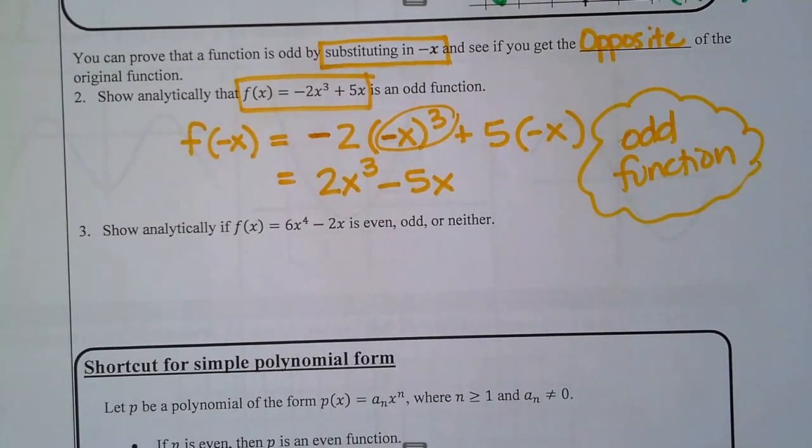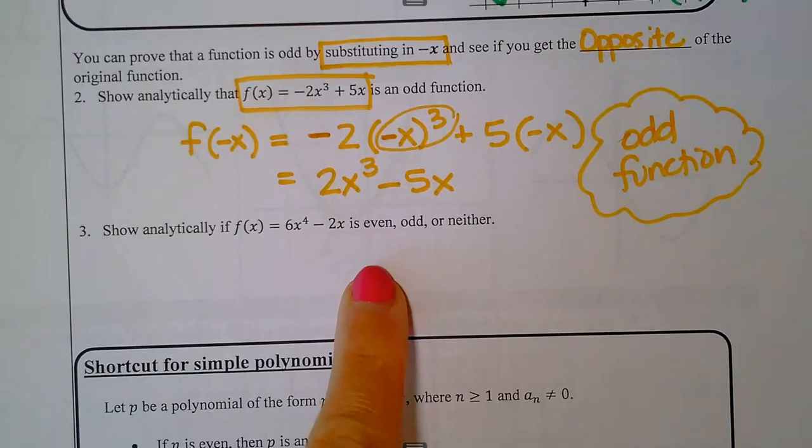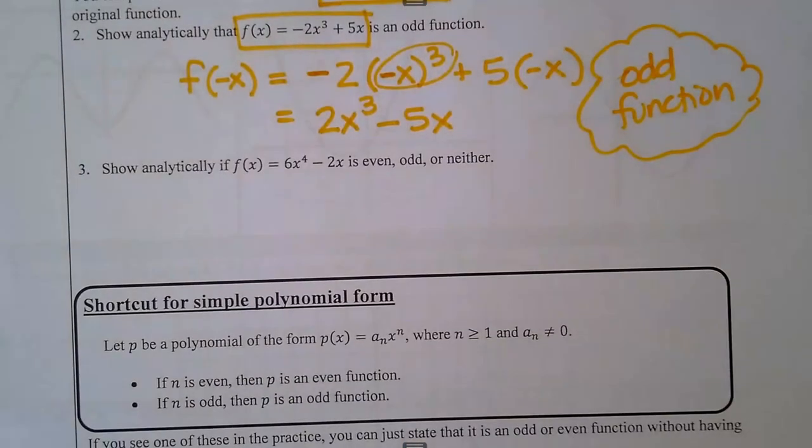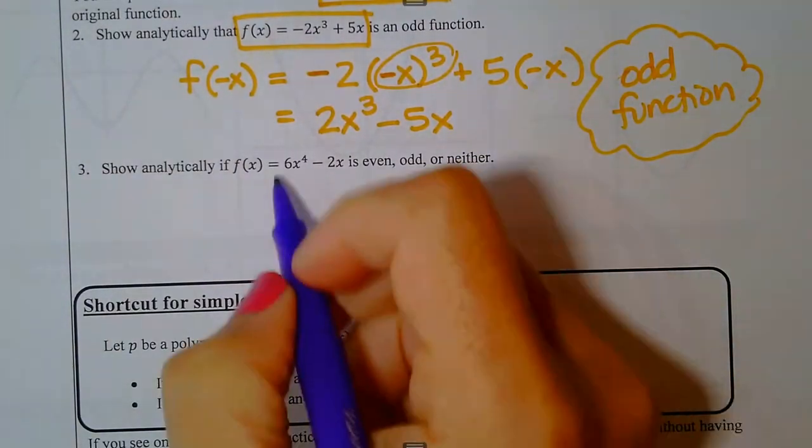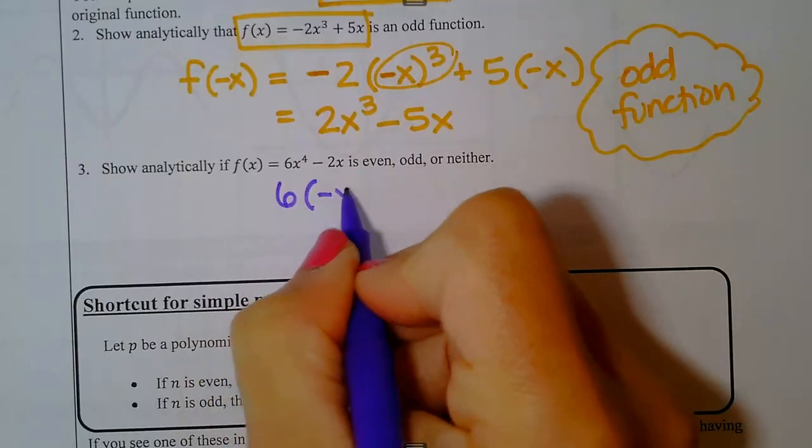Even, odd, or neither. Oh. Okay, now prove it. You are right. Isabel said neither because there's a 4 and there's a regular 1. But then they're going to ask you to prove it. So you would put your negative x in.